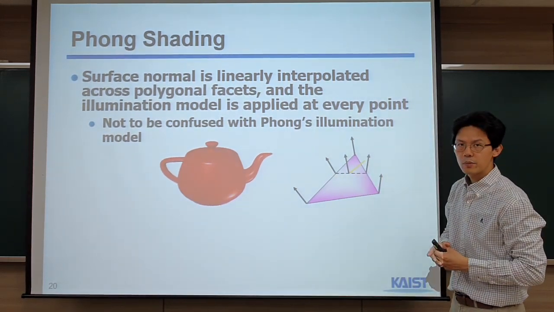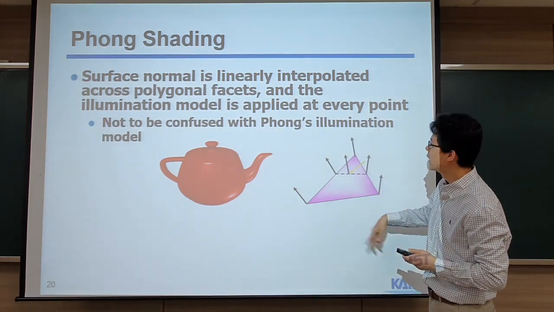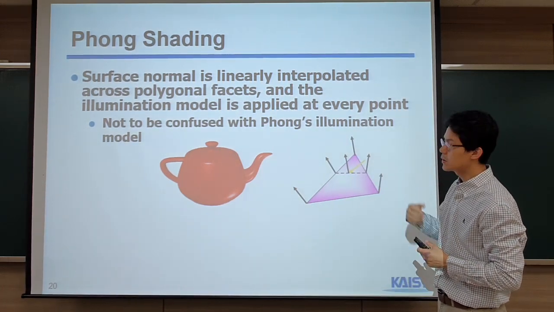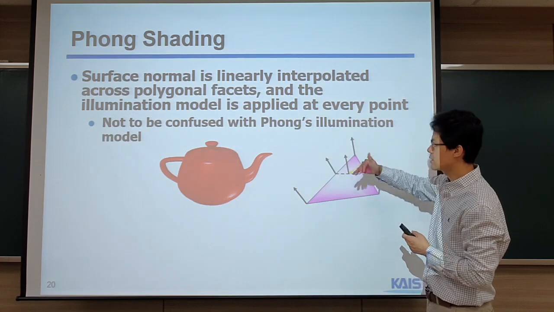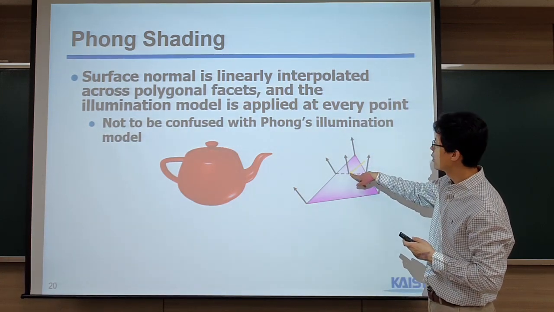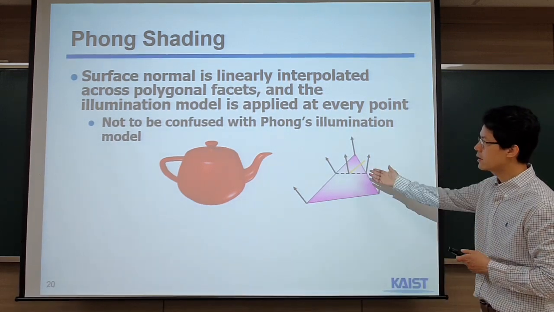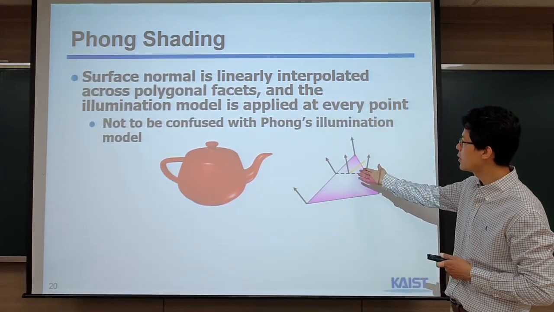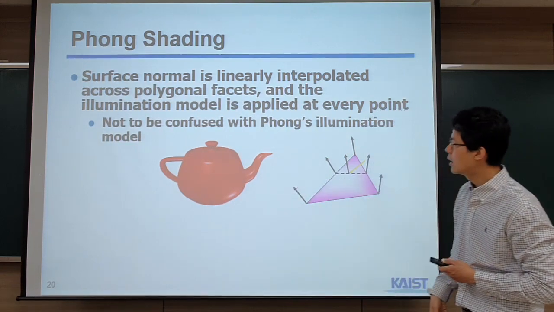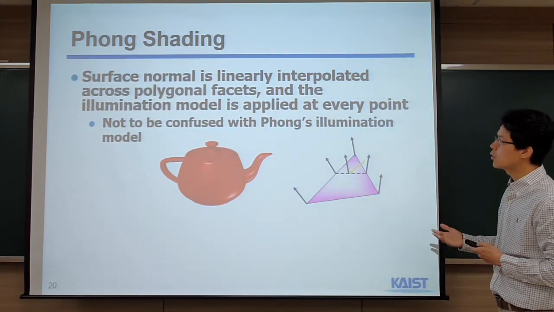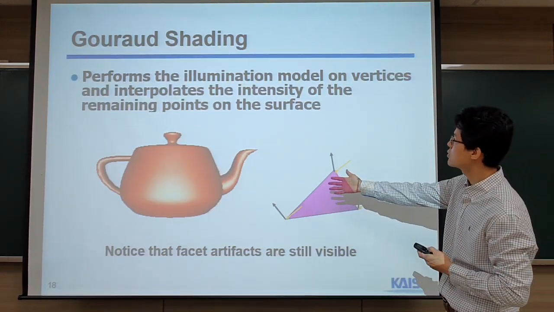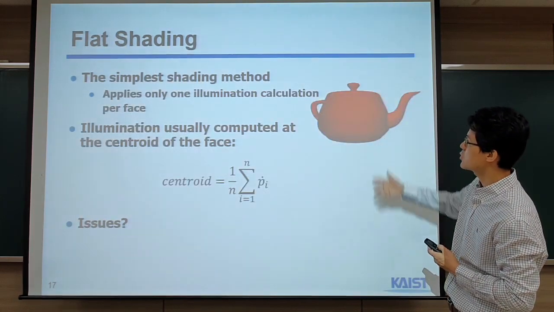Based on this, we can compute the normal at this particular pixel. We can also evaluate other parameters, like the light direction, and then we evaluate Phong illumination with those parameters. This gives us a much better result than Gouraud shading, and obviously much better than flat shading.